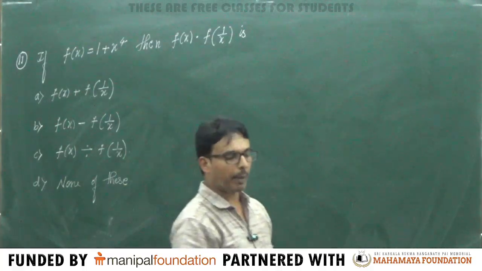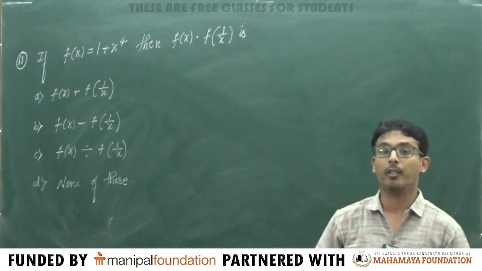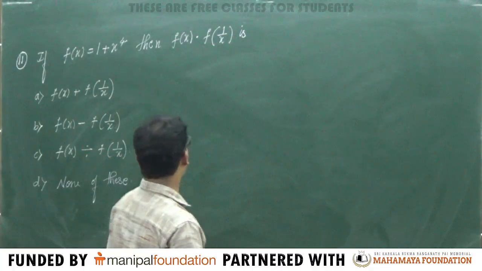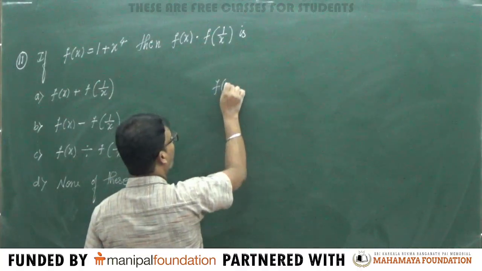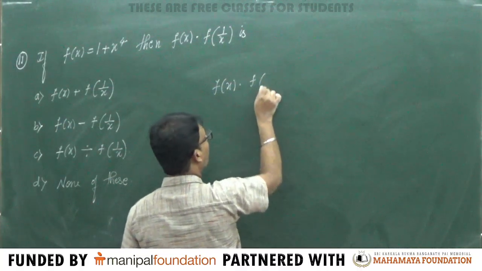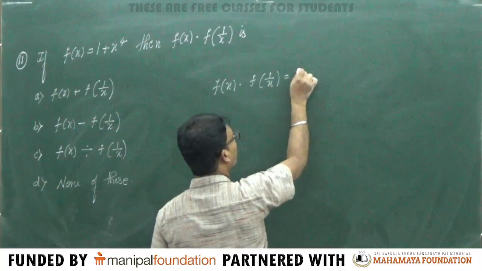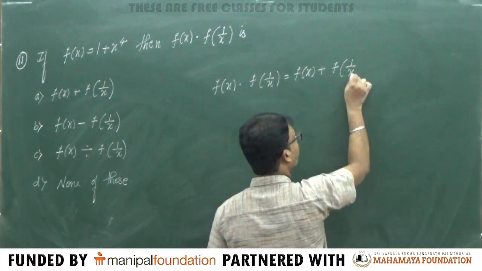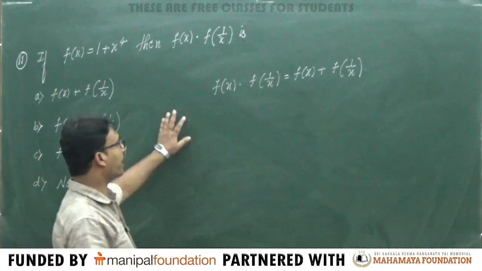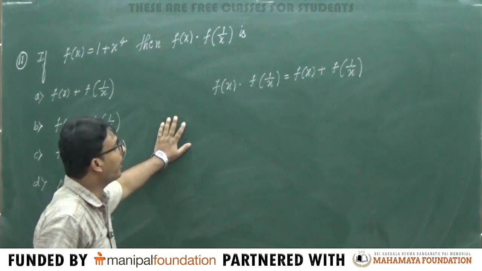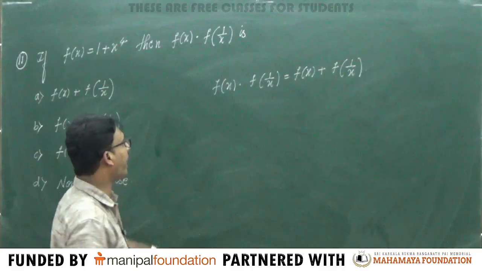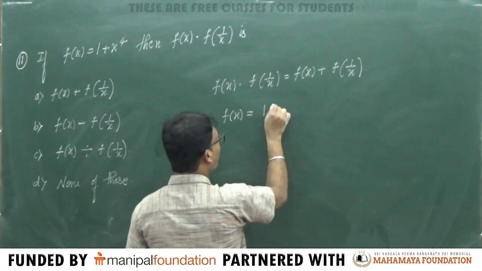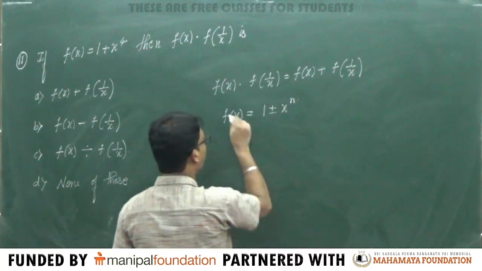So this problem is based on functional equation. Always remember that if f of x into f of 1 by x is equal to f of x plus f of 1 by x, then the value of f of x is equal to 1 plus or minus x to the power of n.